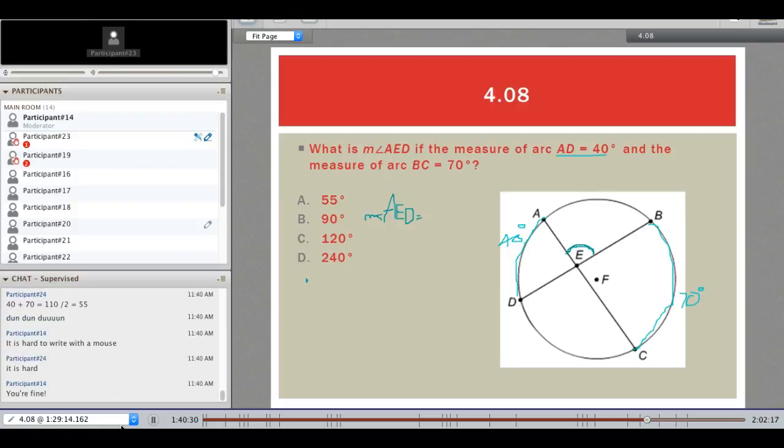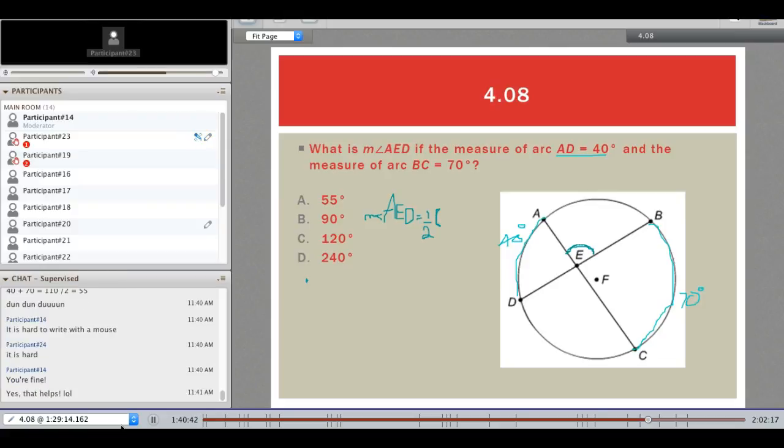And so it's going to be 1/2. Yeah, at least I'm speaking so you can see what I'm trying to write. Okay, and I'm just going to plug in the numbers here. I'm plugging in AD, which is 40 degrees, and BC, which is 70 degrees. Ta-da!